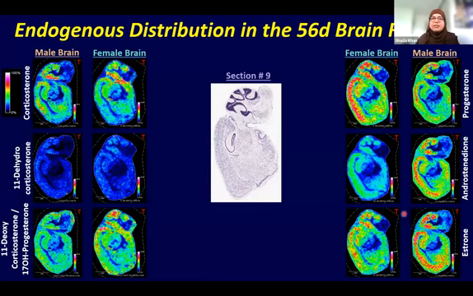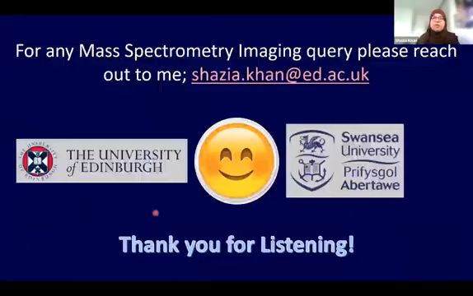These findings reveal the complexity of neurosteroid signaling across the brain regions, and also demonstrate the wealth of data that can be extracted from a single mass spec imaging run.